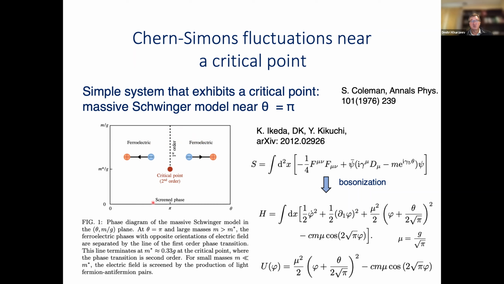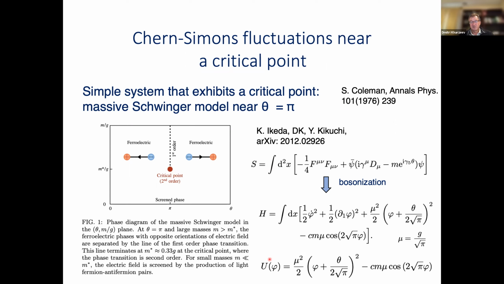For very small mass of fermions, you get a screened phase, where the electric field is screened. And then when you increase the mass to coupling ratio, at some point you hit this critical point where you have a second order phase transition. This critical value of M over G is about 0.33.